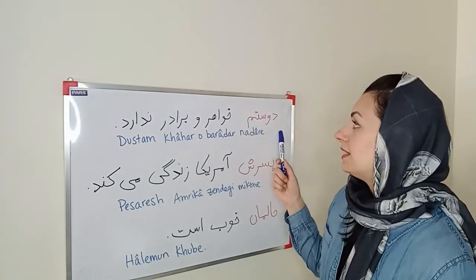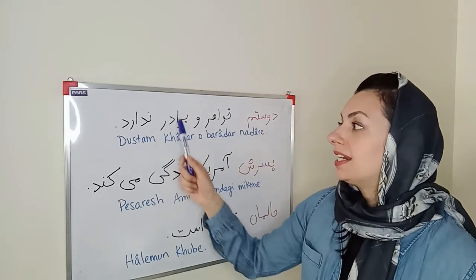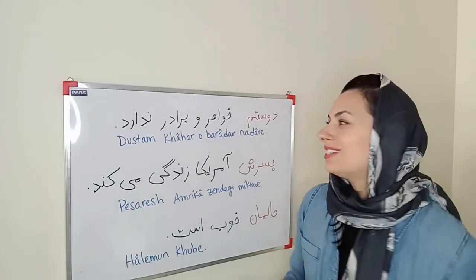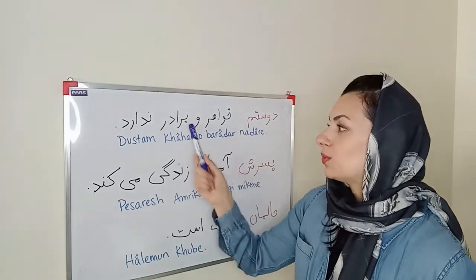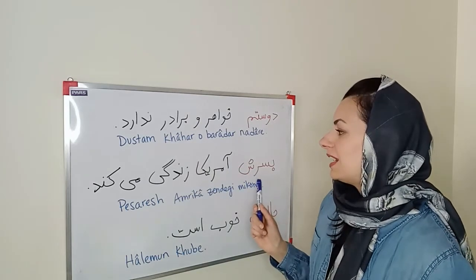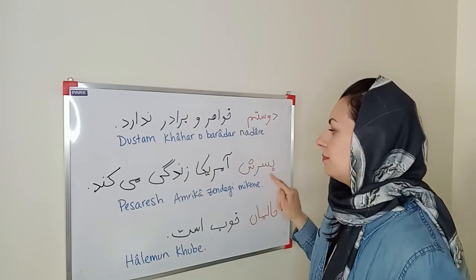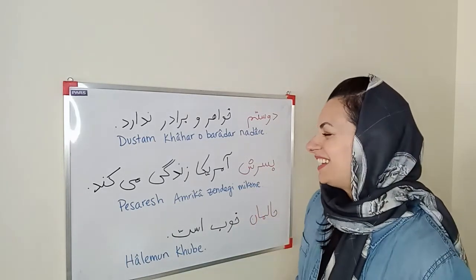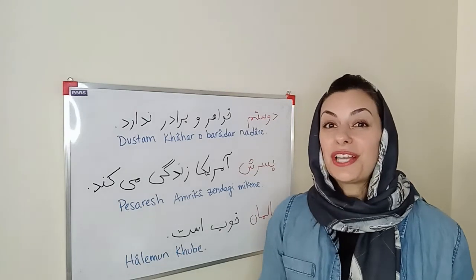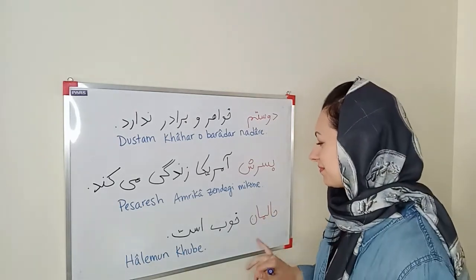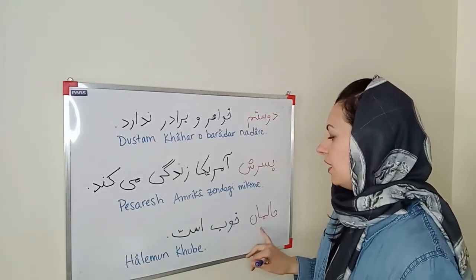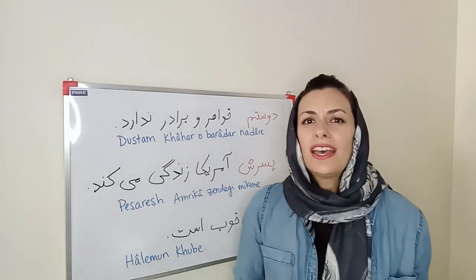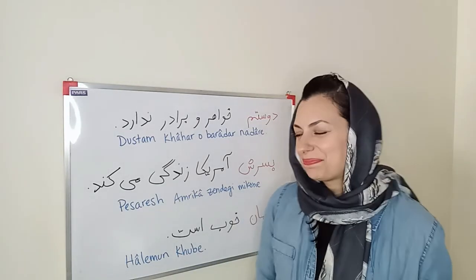Our first one is دوستم خواهر و برادر نداره. دوستم or دوست من, my friend, doesn't have sisters or brothers. پسرش آمریکا زندگی میکنه. پسرش, or we could say پسر او, but we don't really say that. پسرش, his or her son lives in the US. حالمون خوبه. حال ما or حالمون. We feel good. We're doing good.